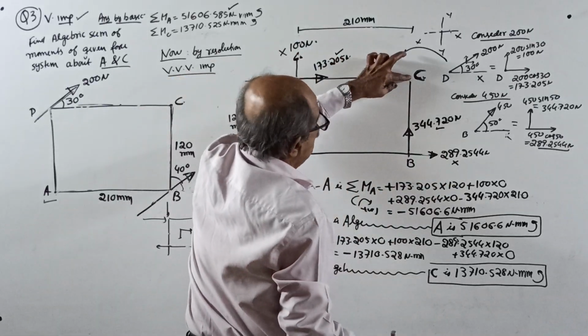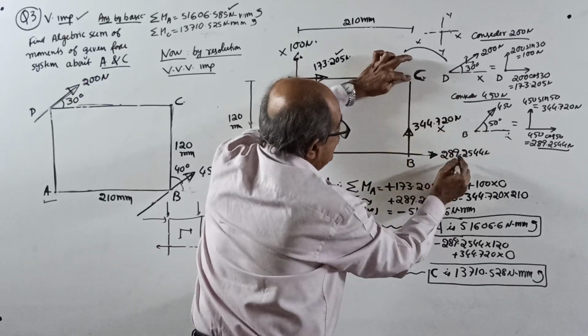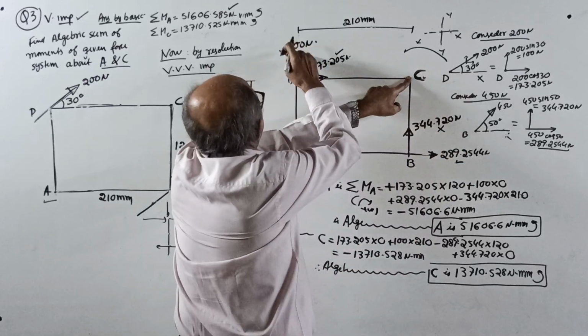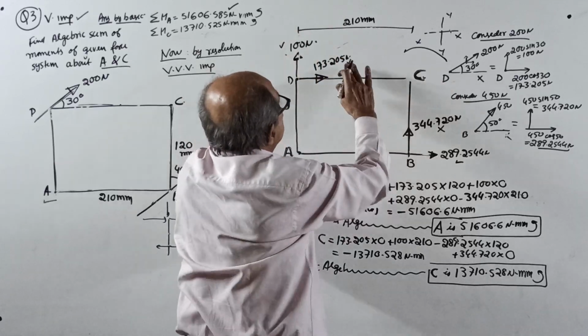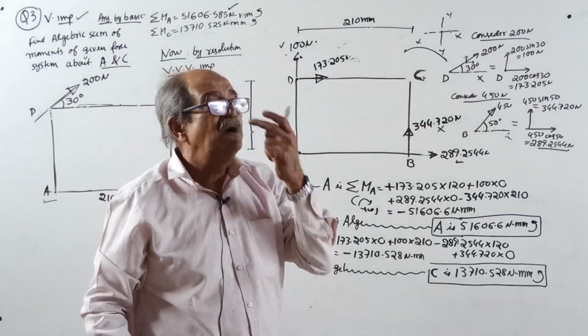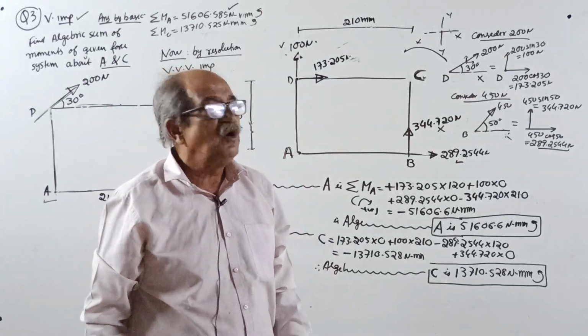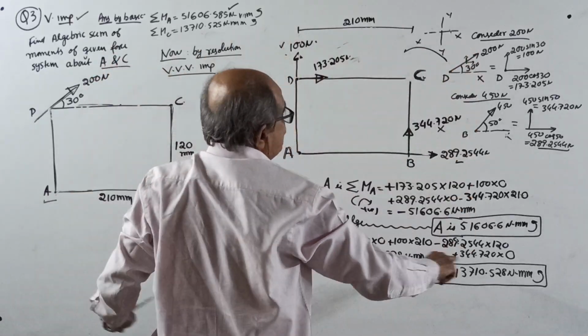But when you take moment about C, what happens? This into 0, it is not there; this force is there, this force is there, this into 0, not there. So all this will be covered tomorrow in a very lengthy question, but very powerful, a marathon, full board. I will put the system somewhere here, a big sketch.